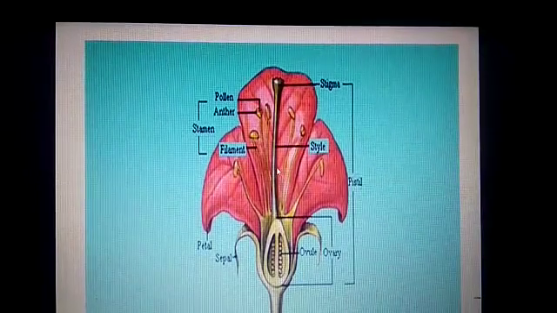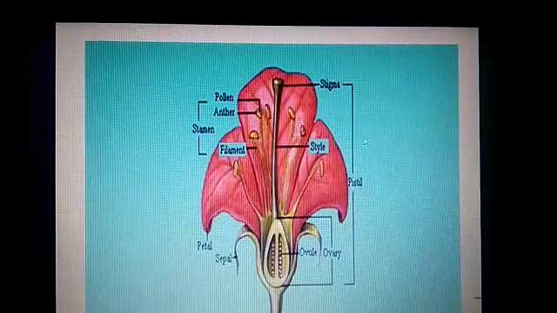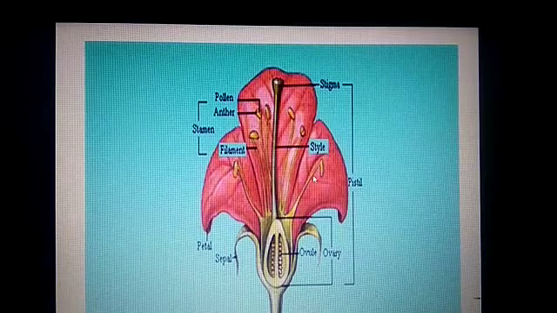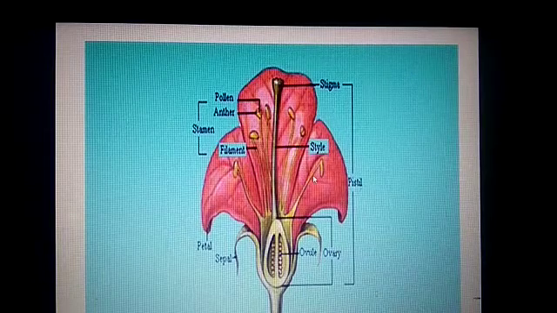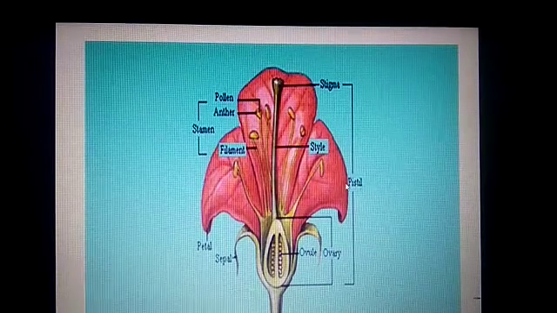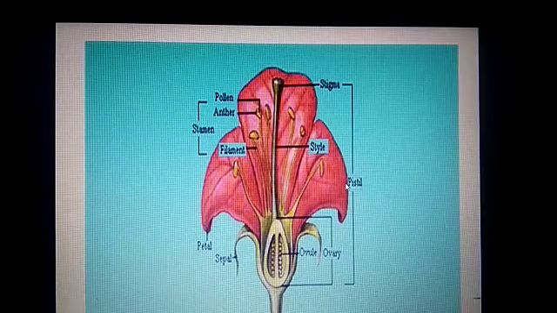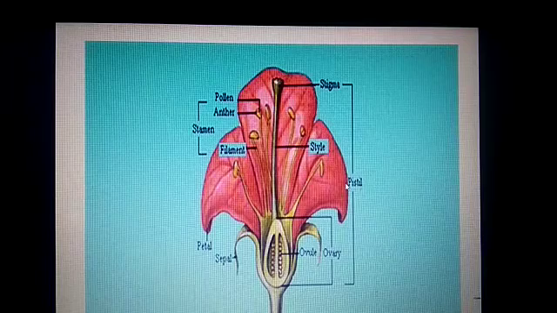Next is gynoecium. The female part consists of carpel, the fourth innermost part of the flower. It is also called the pistil. Each carpel is formed of three parts, that is ovary, style and stigma.